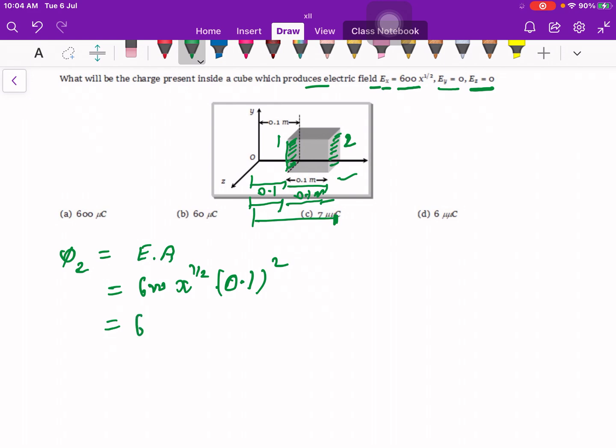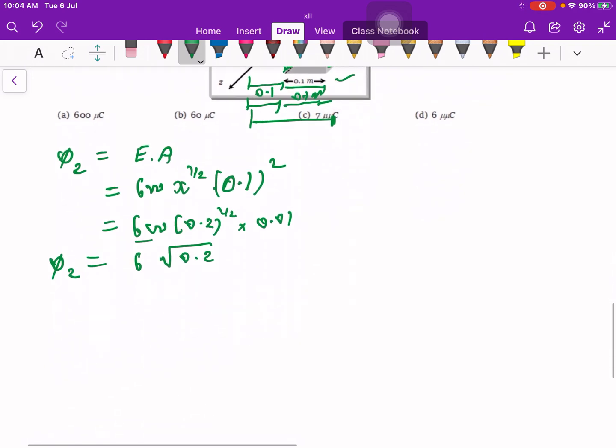So put this value here: 600 into 0.2 to the power half into 0.01. If I multiply 600 and 0.01, I get only 6, and I am writing it like this so that it will be easy to read. That is phi 2.